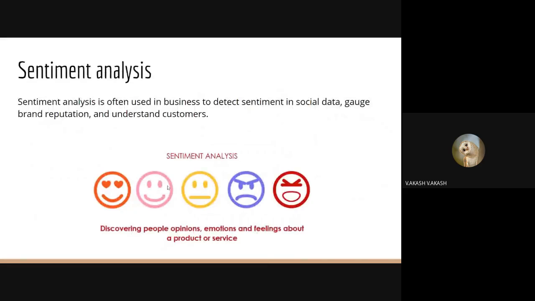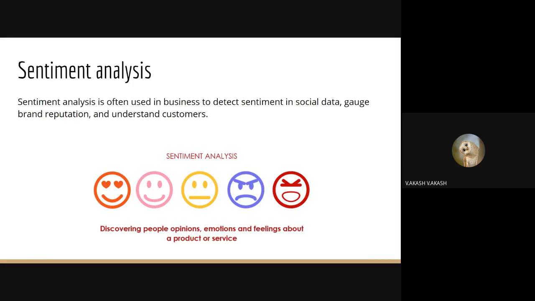Then there's sentiment analysis. We know that on social media and other platforms, we tend to see user reviews. Users engage with the platform and represent their views on the product through reviews and comments.